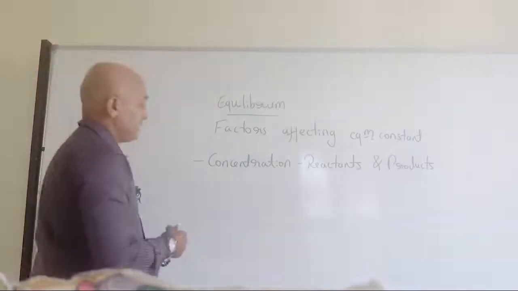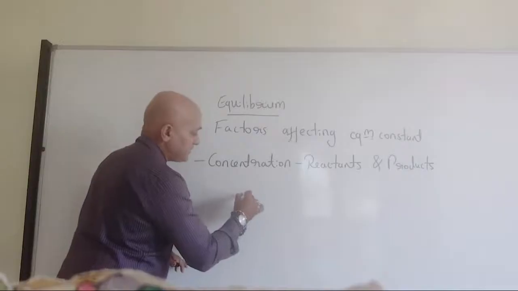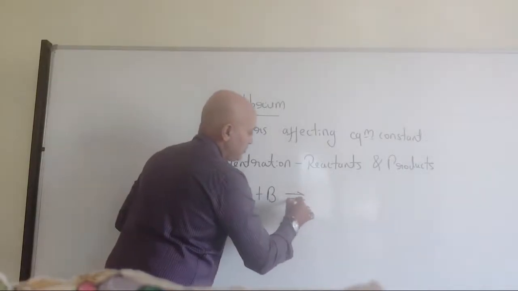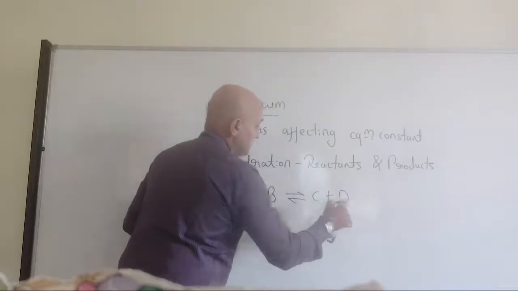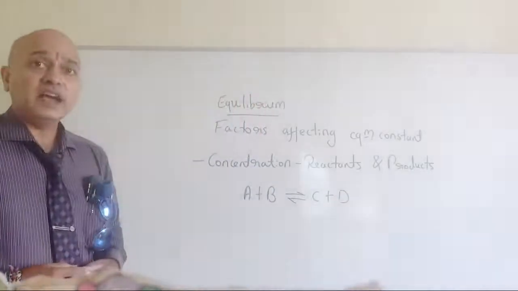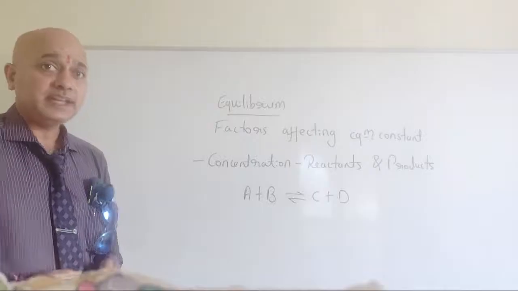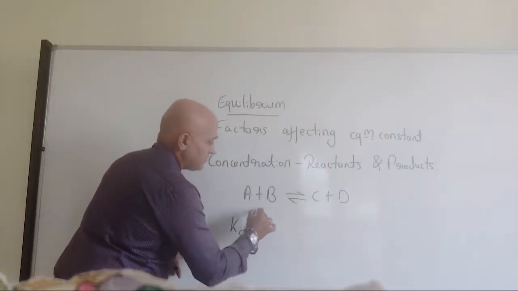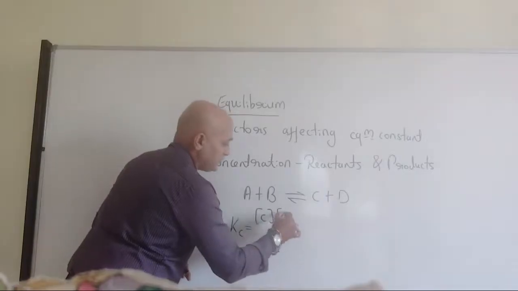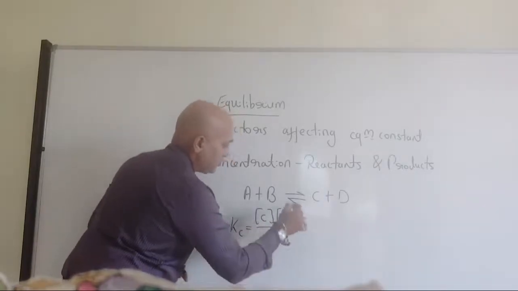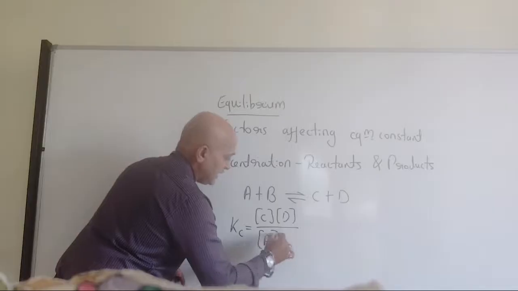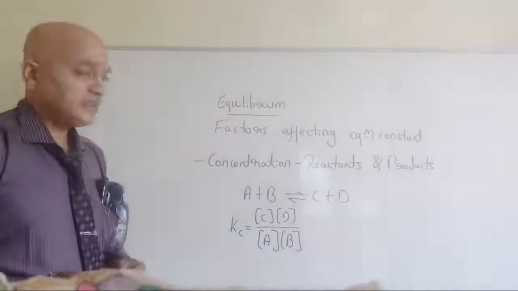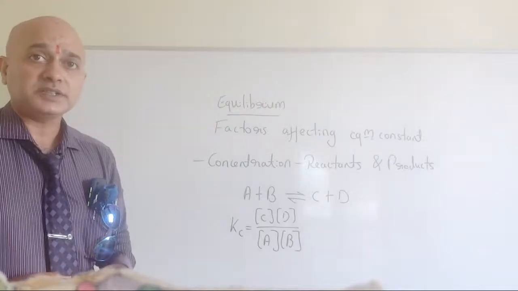For example, I will take a reaction A plus B getting converted into C plus D. Now the reaction is taking place. For that, the equilibrium constant value will be [C] into [D] divided by [A] into [B]. I have not given any stoichiometric coefficients.